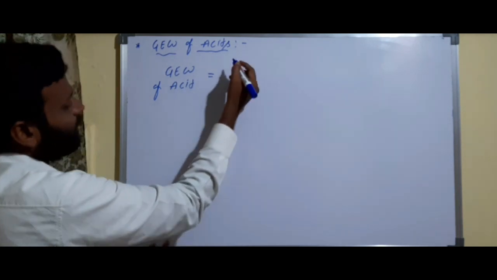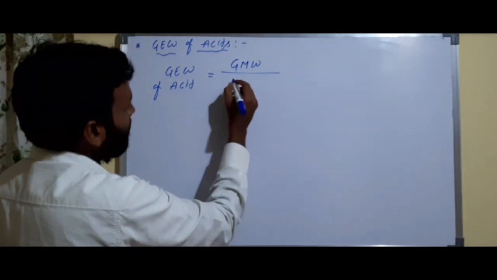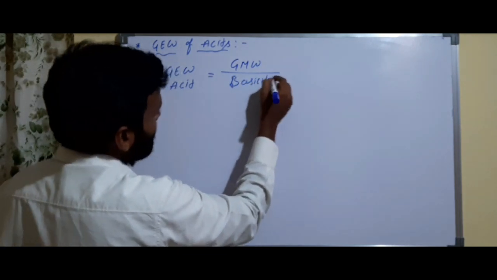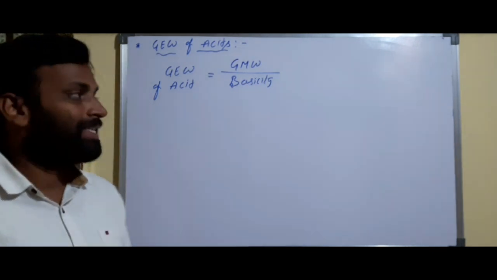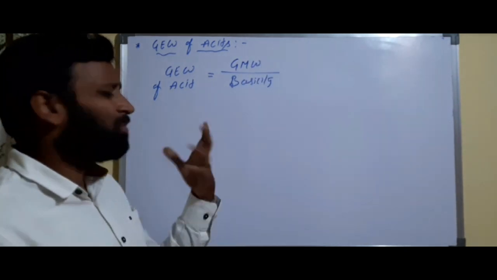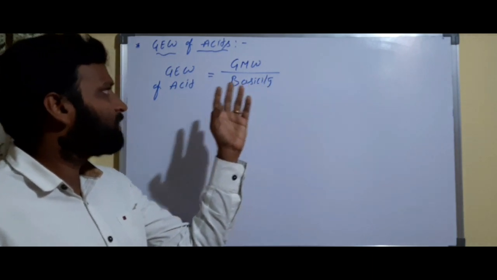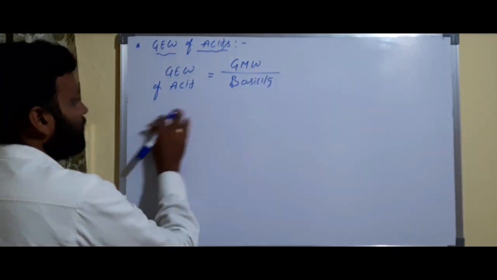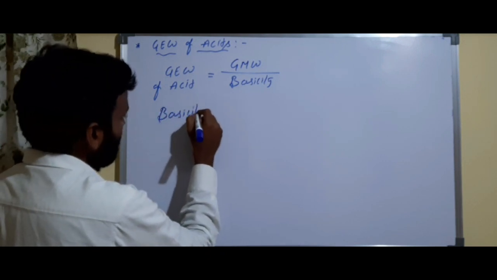Gram equivalent weight of acid is equal to gram molecular weight by basicity. Instead of valency factor, I am using basicity. Gram molecular weight means the sum of the atomic masses, right?